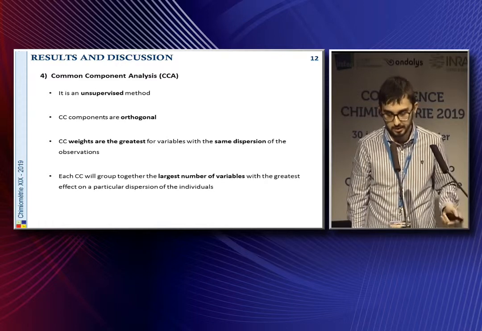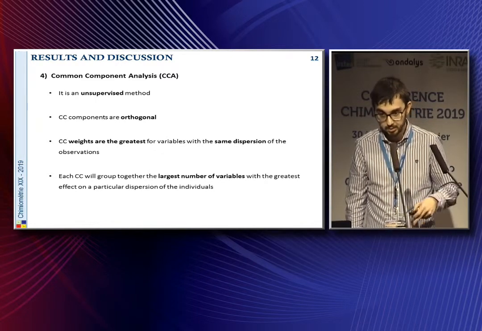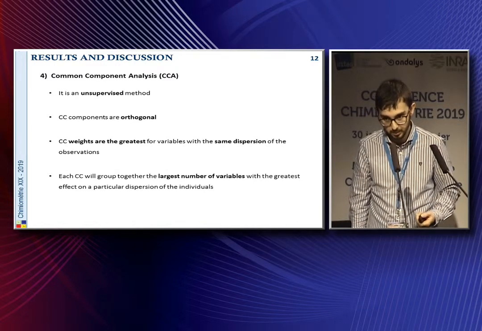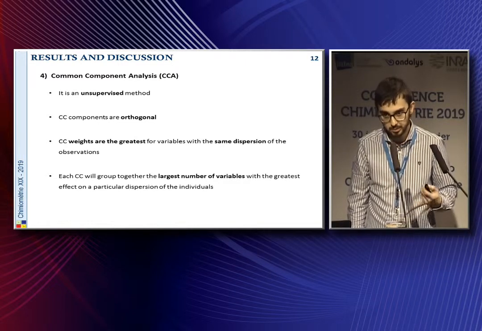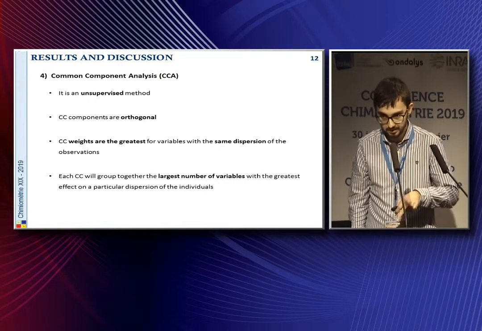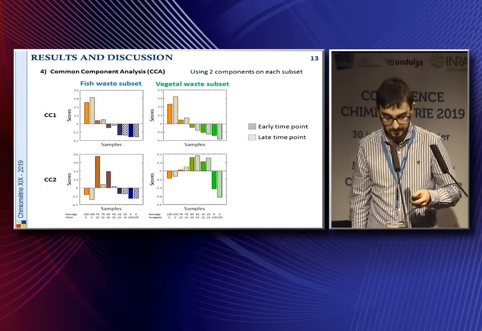In other words, it will group the largest number of OTUs, and because of that, it has an important relevance from an ecological point of view. And I want to highlight that this method has not been used before in ecological data of this type. So let's proceed with the CCA.